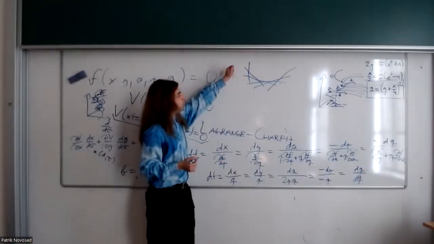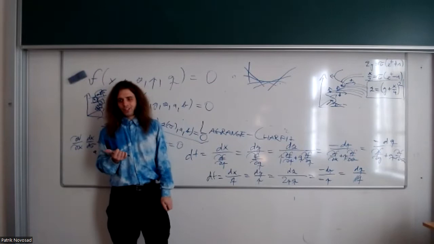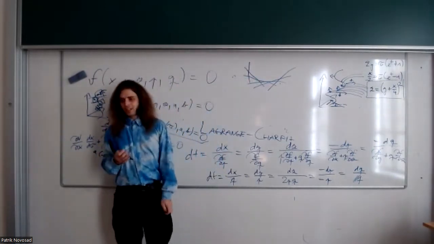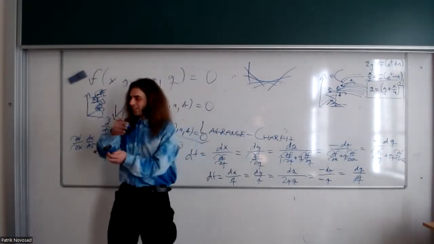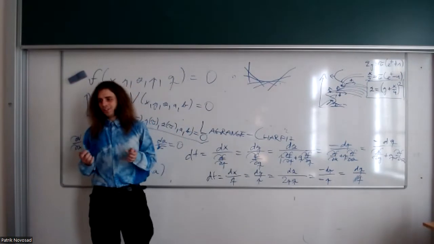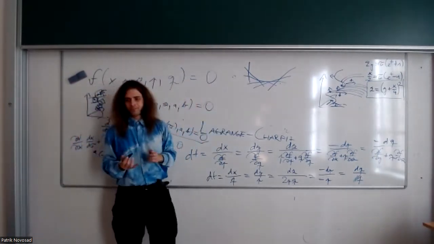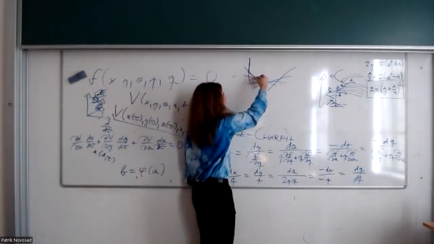An envelope would be another curve that would be tangent to some of those curves at each of its points, and it would work in the other direction as well. It would eventually touch all of those curves. And such an envelope would look like this.